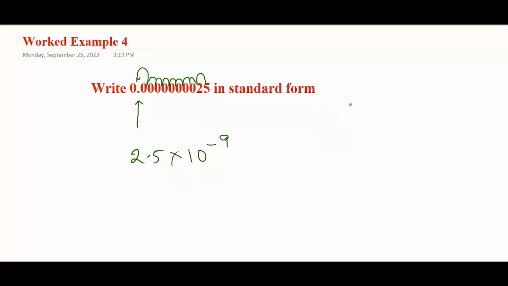So in summary, when you count towards this direction, the value of your integer will be positive, and when you count towards this direction, the value of your integer will be negative. And also the standard form number must be between 1 and 10, excluding 10. And finally, always ensure that there is a decimal point before you begin to take the steps.